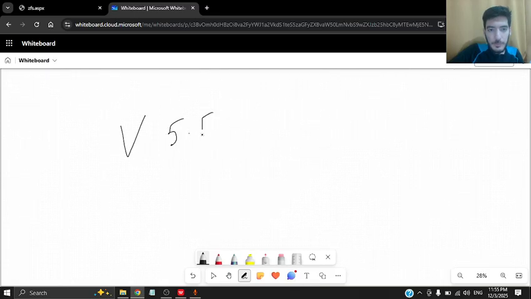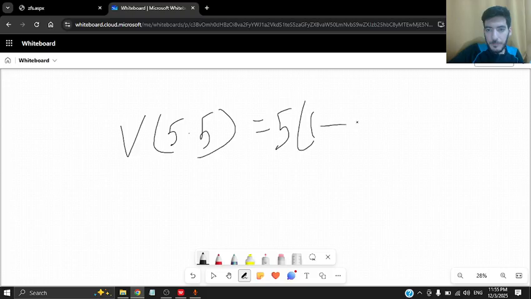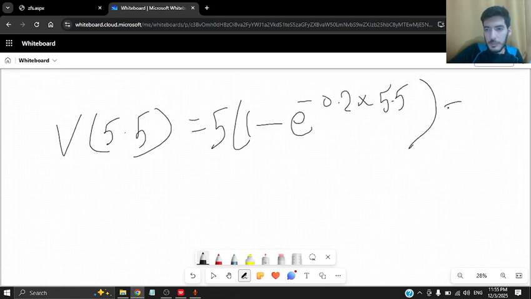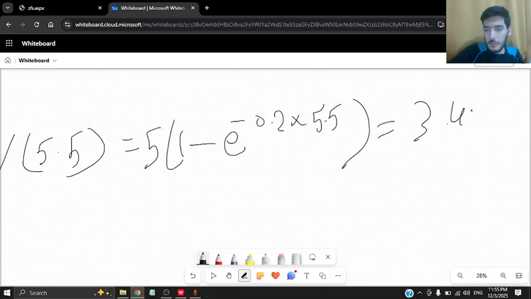So for the actual model, it will be 5 multiplied by 1 minus e to the power negative 0.2 multiplied by 5.5, and it will be equal to 3.336.